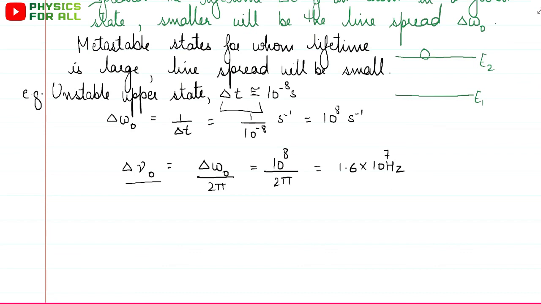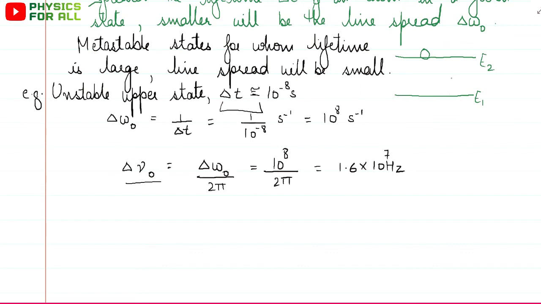Due to this finite lifetime, but we don't know how long or how short it would be, there is always uncertainty in the frequency of emitted radiation, which is further due to the uncertainty in energy and hence the frequency of both the levels, because after all we have E1 and E2.